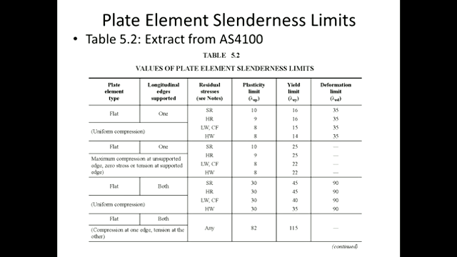And what about the third set of conditions? If we have a flat plate element which is supported on both longitudinal edges and under uniform compression, then what sort of section might this be? Mohammed? So we say that this would be an I section under gravity loads. So this is flat and supported on both and under uniform compression.